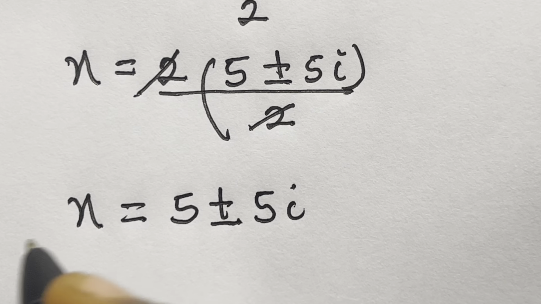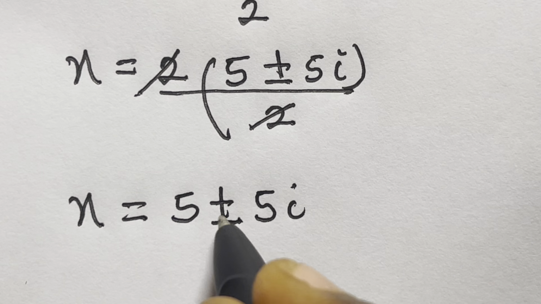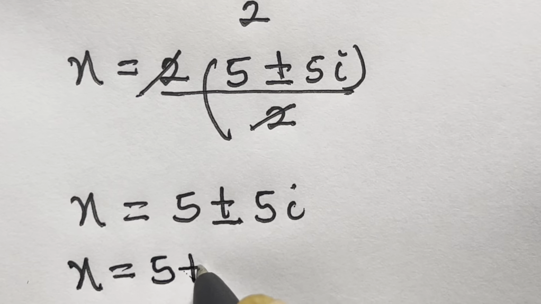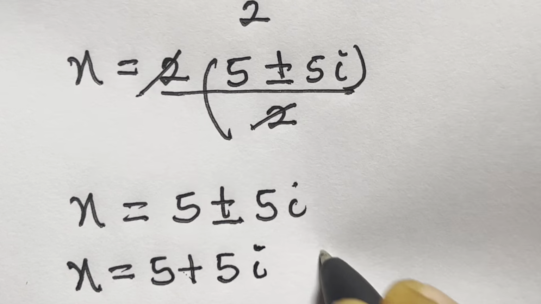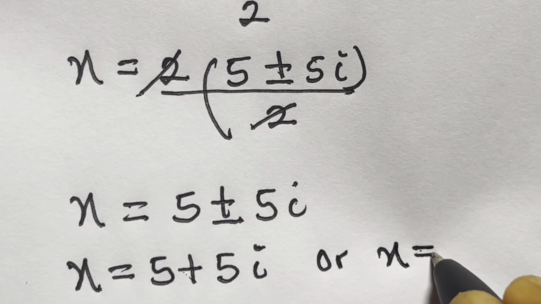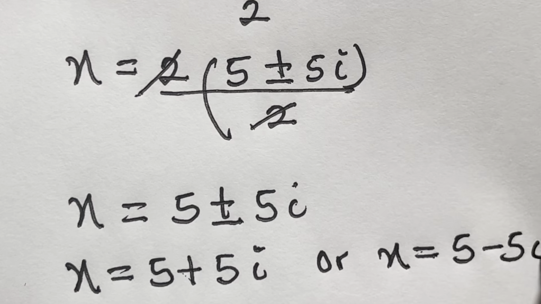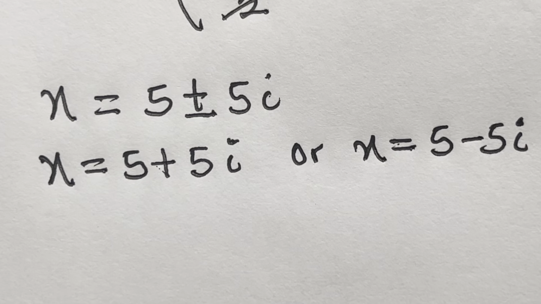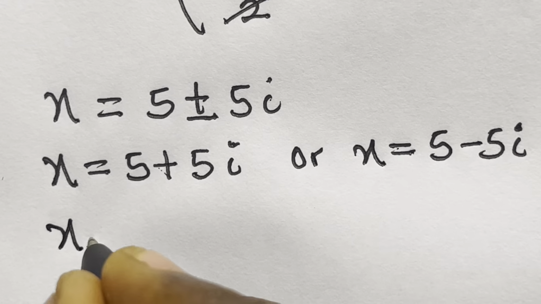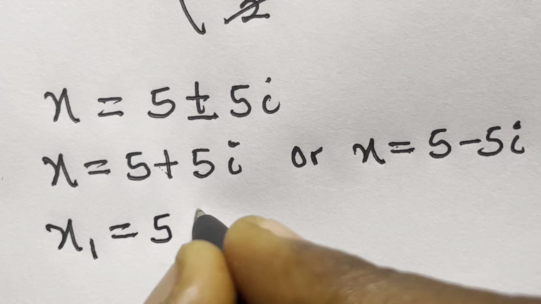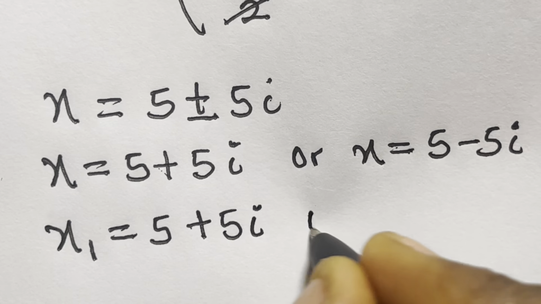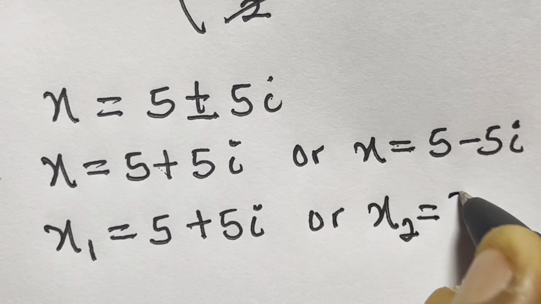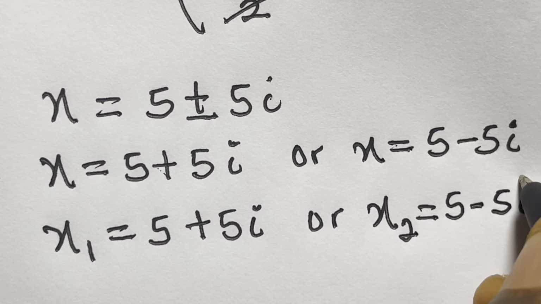So from here, we split this so that we say x equals 5 plus 5i, or x equals 5 minus 5i. You can name this x1 equals 5 plus 5i, a complex number, then x2 equals 5 minus 5i.